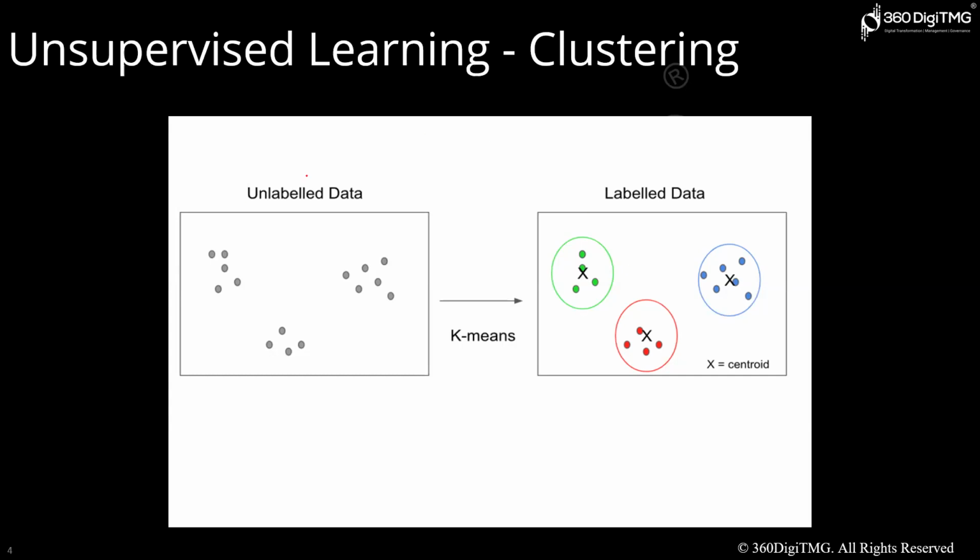As you can see here, take the example: this is unlabeled data. We have some data points scattered here and there. But after doing the K-means clustering, we got the labeled data, meaning this is divided into one group, this as a group, and this as a group. We have an X, that is a centroid.